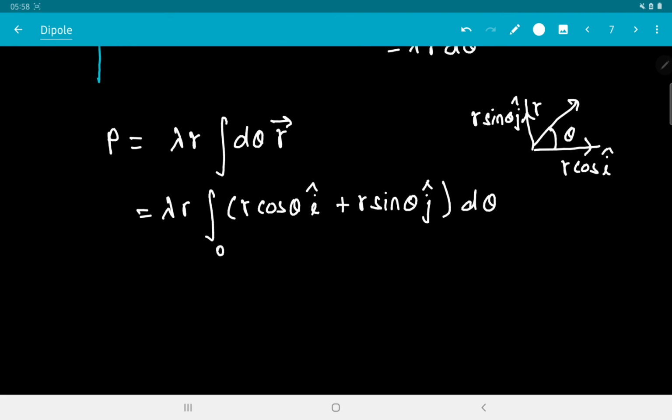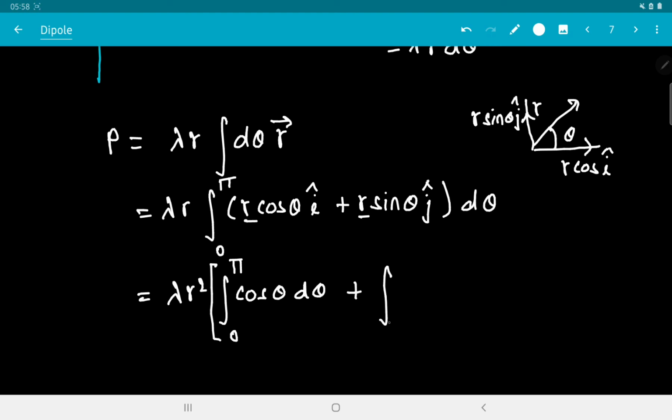Here the limits of integration will be from 0 to pi. So lambda into r, we can take this r also outside, we'll get lambda r square, integral of cos theta d theta from 0 to pi, plus integral from 0 to pi of sin theta d theta.